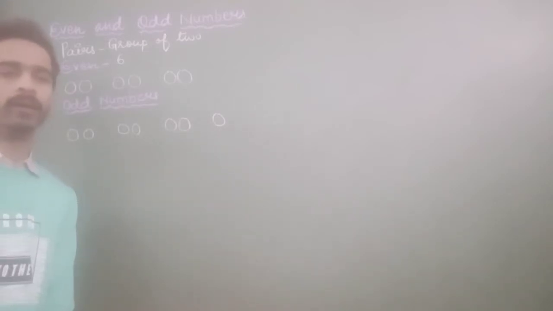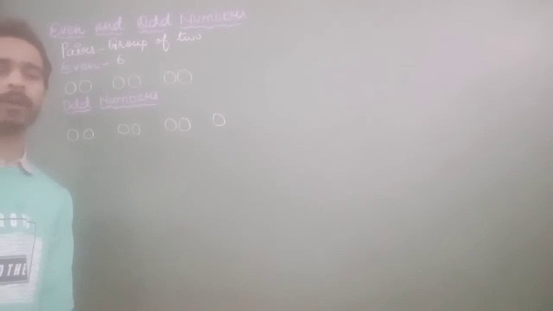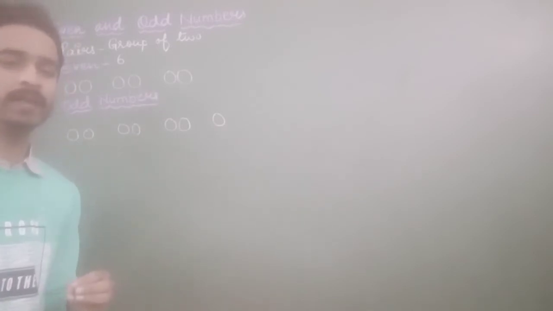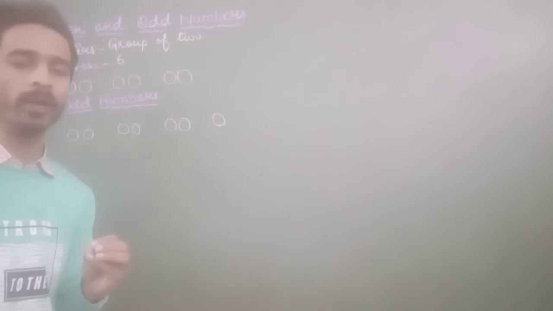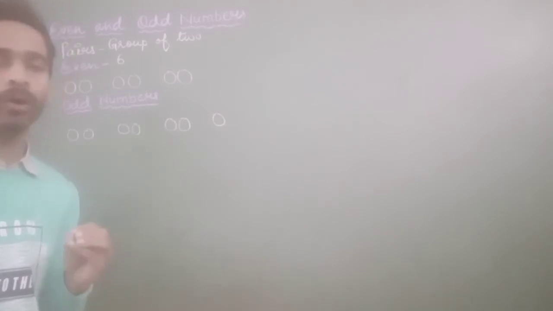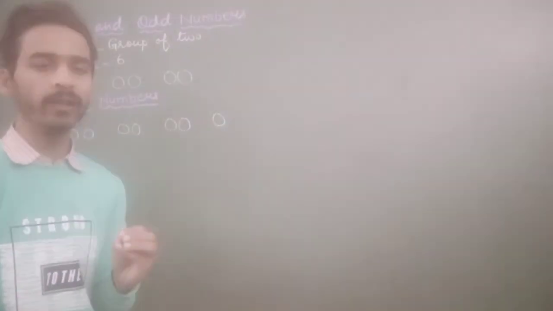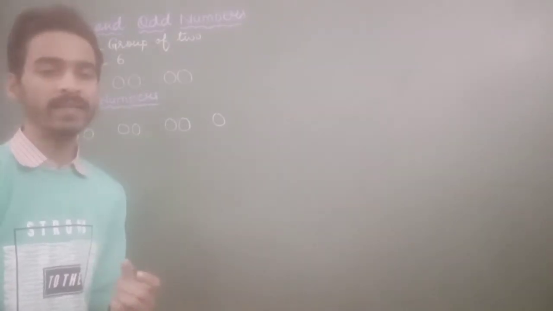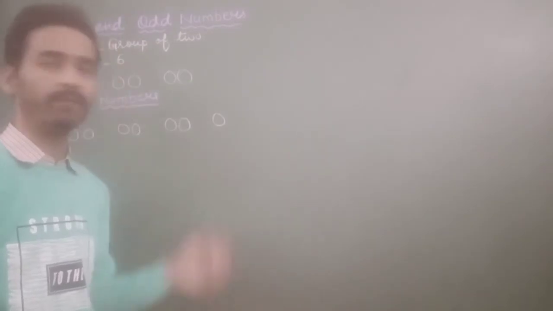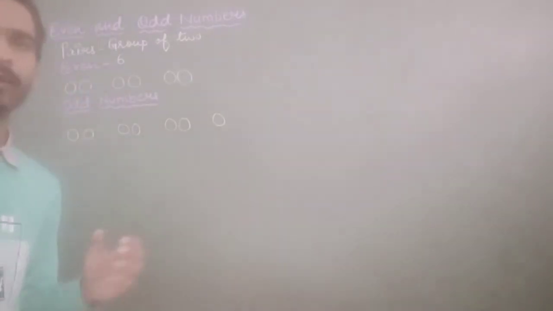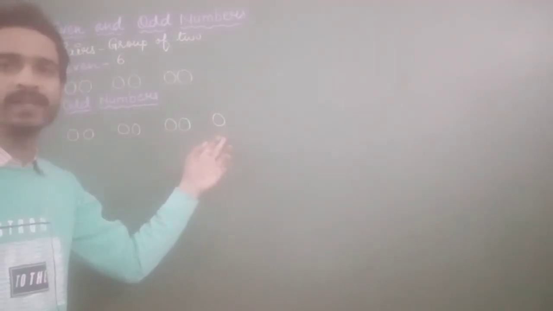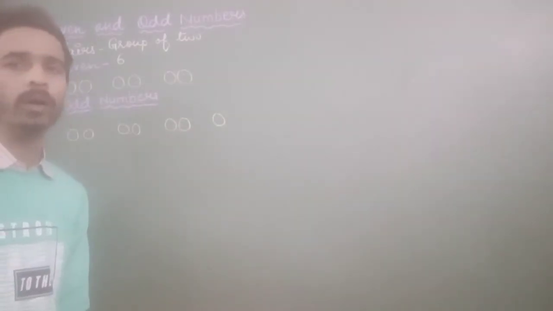The numbers that can be completely paired are called even numbers, and the numbers that cannot be completely paired are called odd numbers. When you pair them, one is left over. For example, 7 is odd. There are 7 balls and when you pair them, one is left over, so we can say that 7 is an odd number.